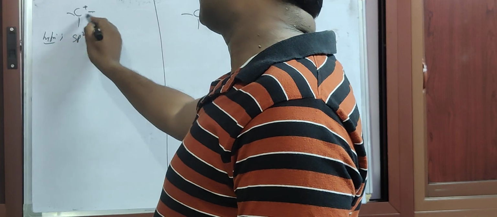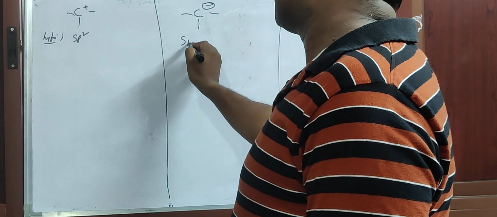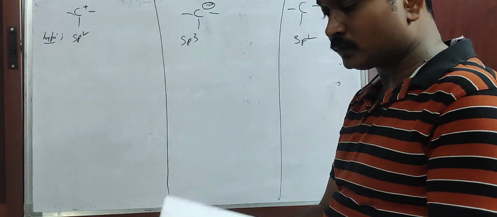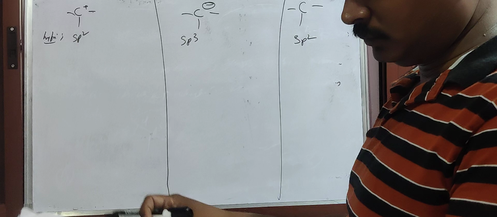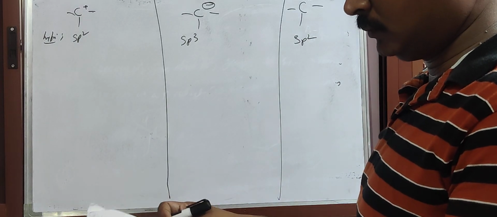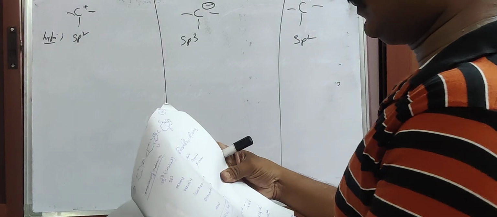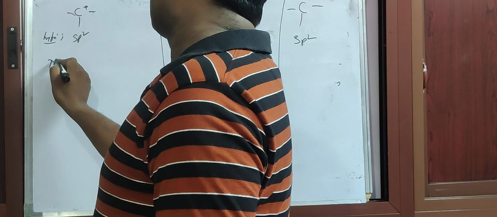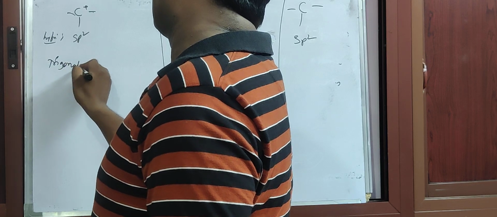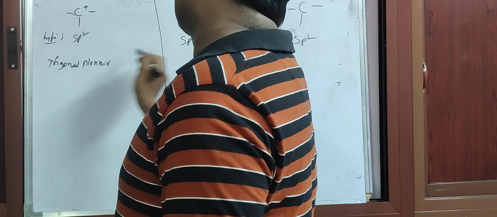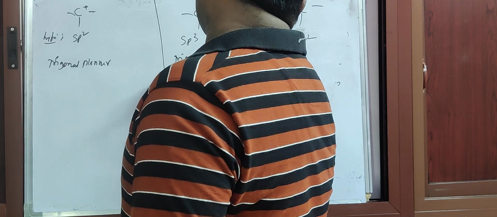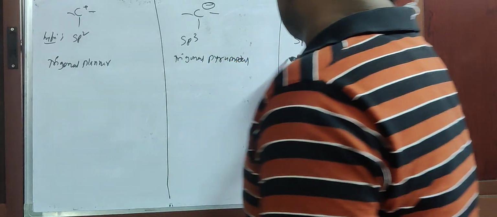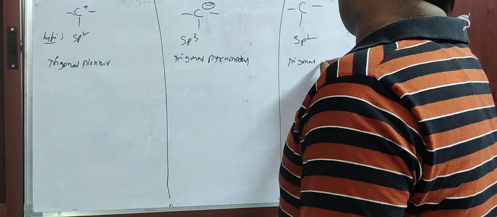This is sp2 hybridized. This is sp3 hybridized. This one is the same, sp2 hybridized. Shape of the molecule: trigonal planar, trigonal pyramidal, and this is also trigonal planar.